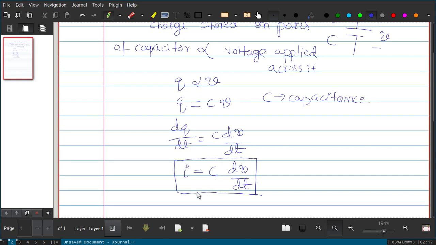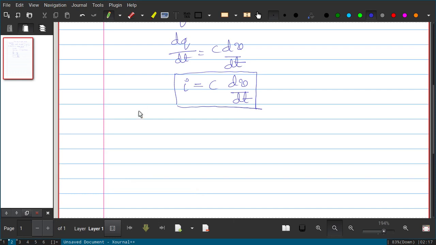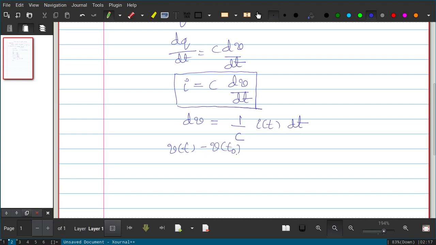If you want an expression for V in terms of I, I can write dV equal to 1 by C I of t dt, and if you integrate between the time interval t equal to t0 to t equal to t, then you will get V of t minus V of t0 equal to 1 by C integral of I of t dt.